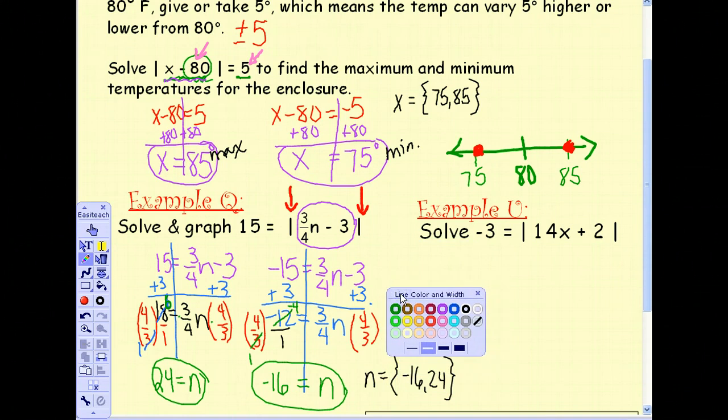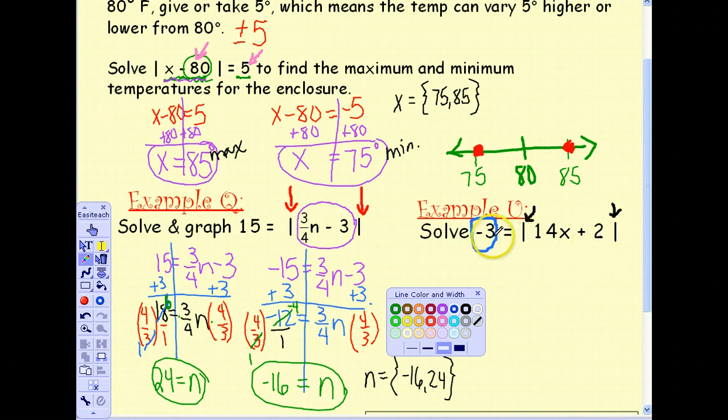Example U is kind of a trick problem. It's a trick problem because the absolute value, here's our two absolute value symbols, okay, the absolute value can never equal a negative, okay, because by definition absolute value is a distance away from 0.